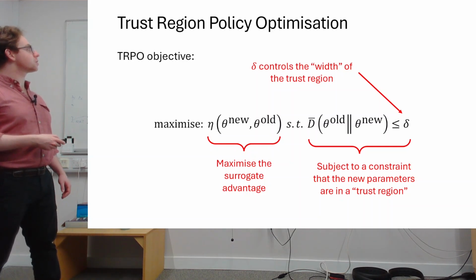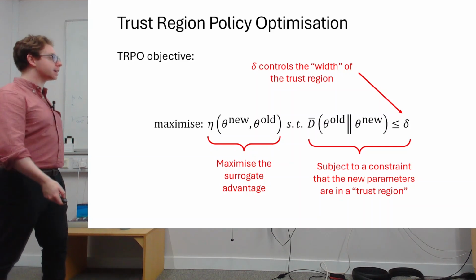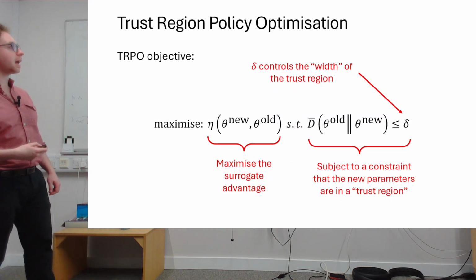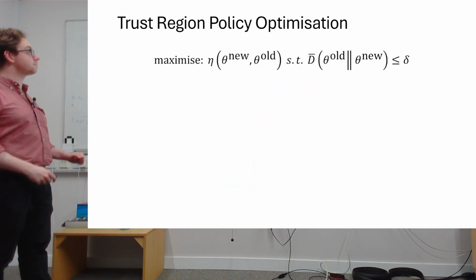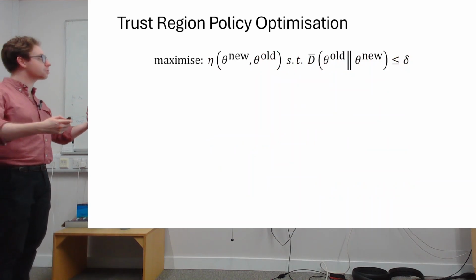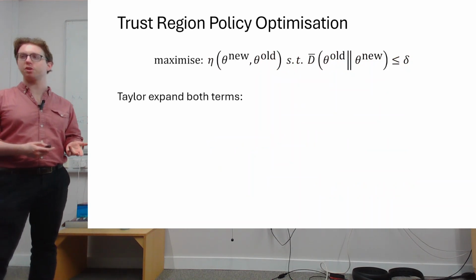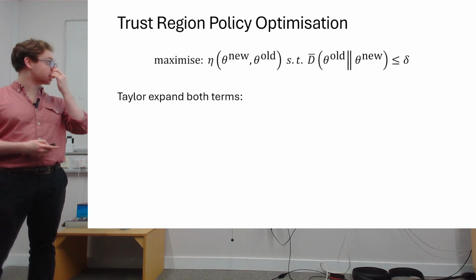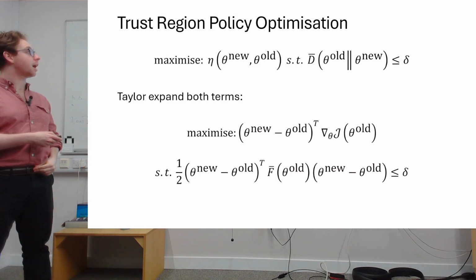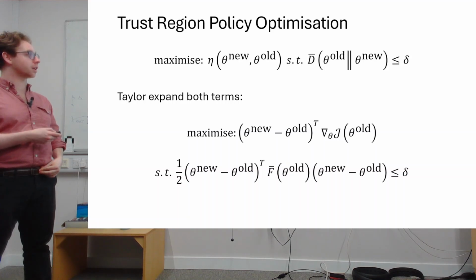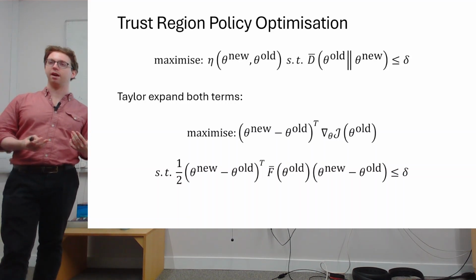Okay, so now we're moving from penalizing to instead constraining. This is the TRPO optimization problem, and once again, we're just going to Taylor expand both terms. So we'll Taylor expand the surrogate advantage, and we'll Taylor expand the average KL divergence. We've already gone through these Taylor expansions.